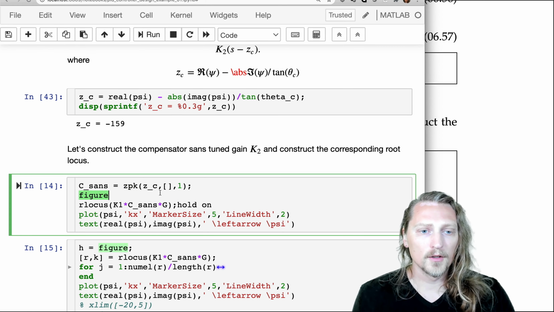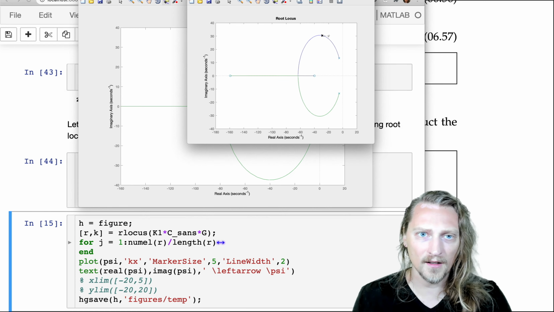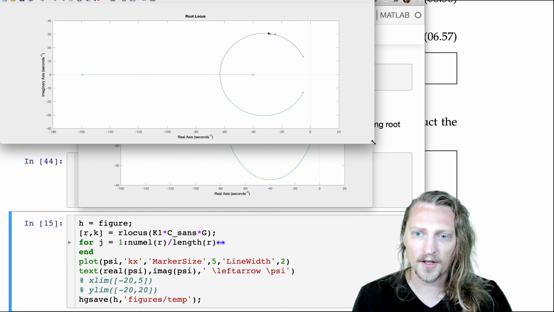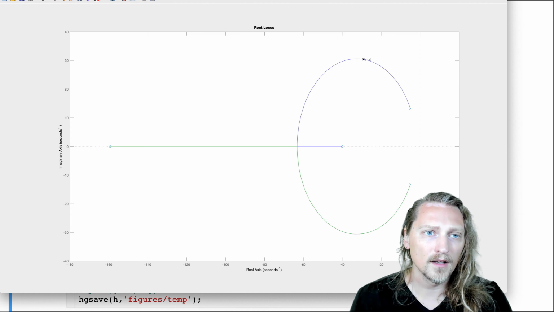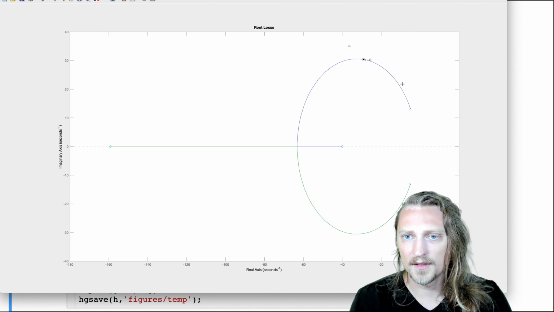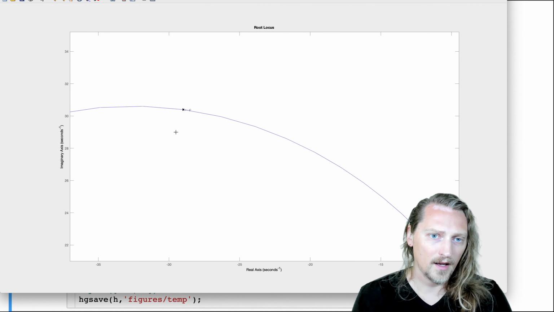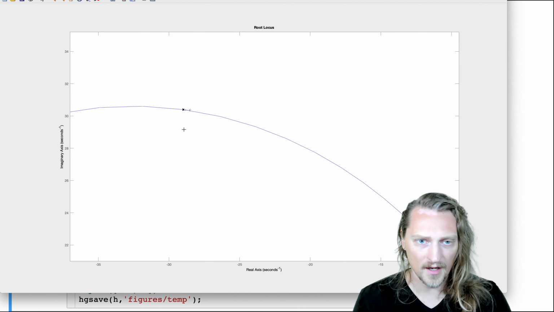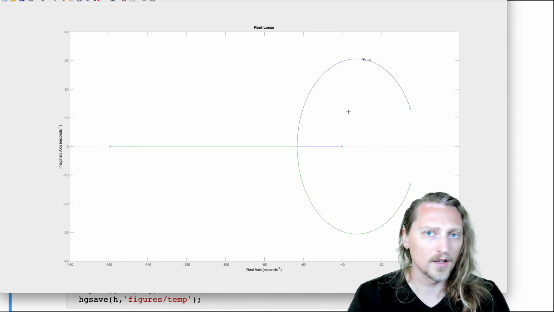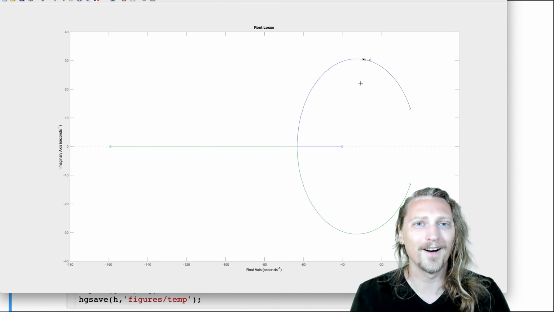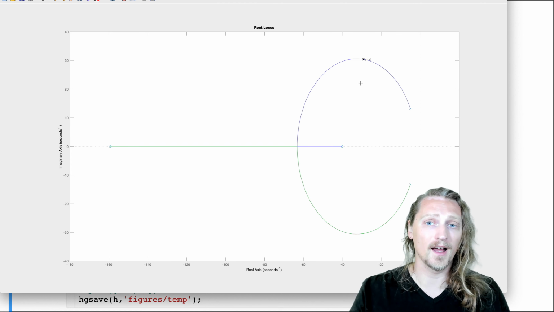Okay, we're going to do a root locus here, and we see by construction we have placed the design point on the root locus. That has to be the case. That has to happen every time. As long as we've done our calculations correctly, it should be on the root locus. Great. That means that we can adjust the gain now.